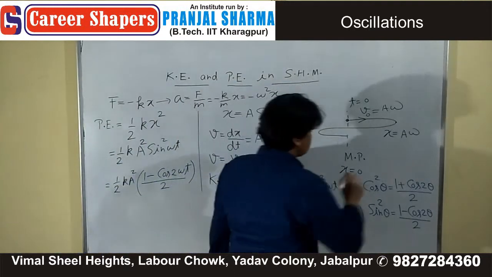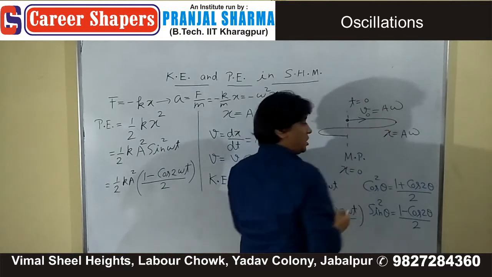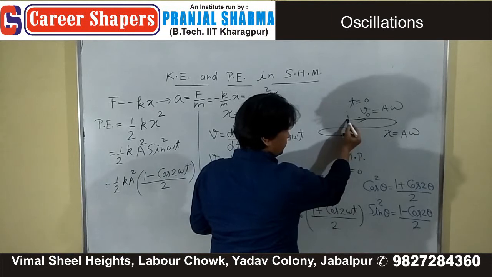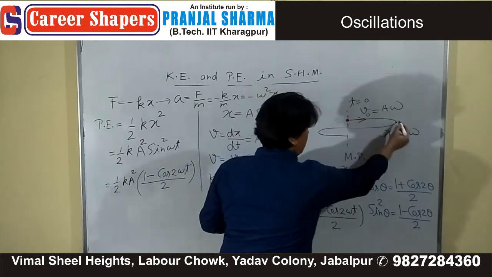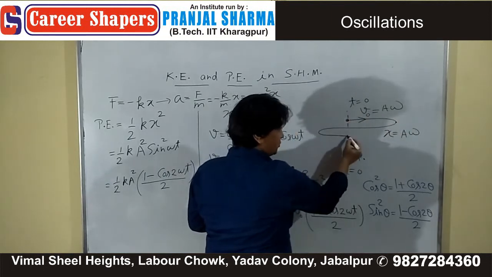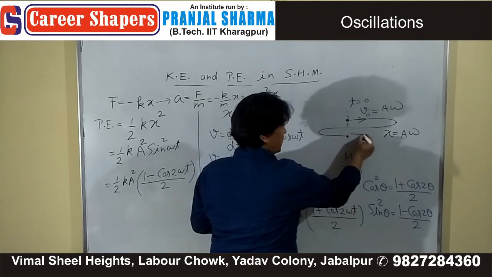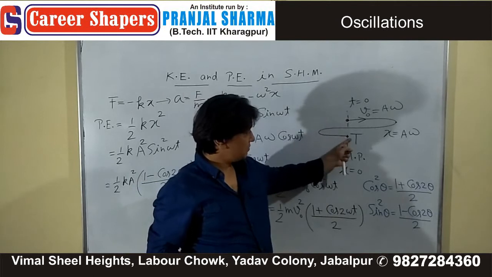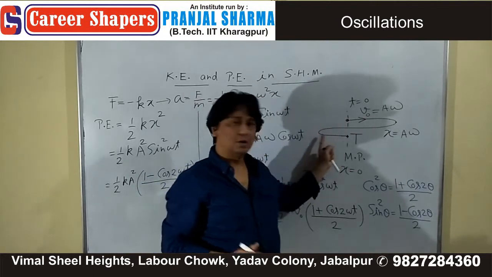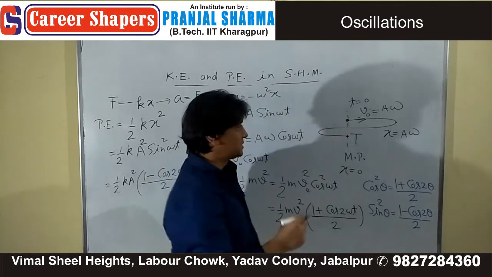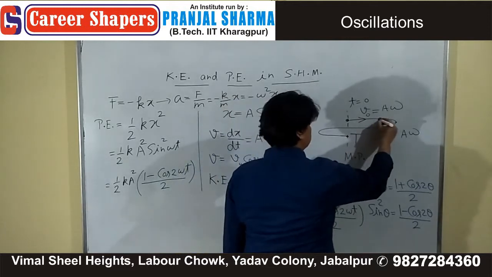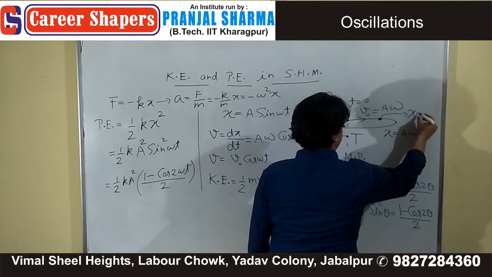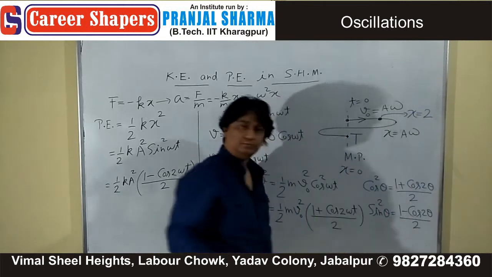Suppose during one oscillation, it starts from this position, t equals to 0, and completes at this position, which is given by capital T. Between the starting point and the end point, let's say we have a point here, and for this point somebody says that x is coming plus 2.